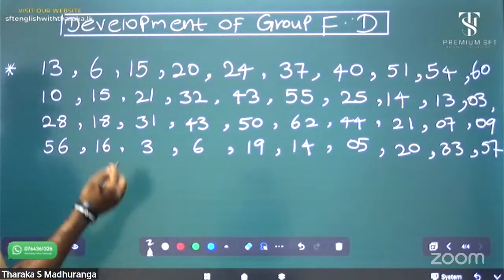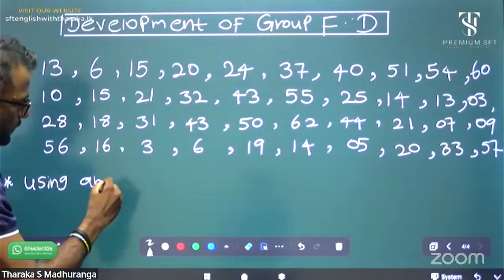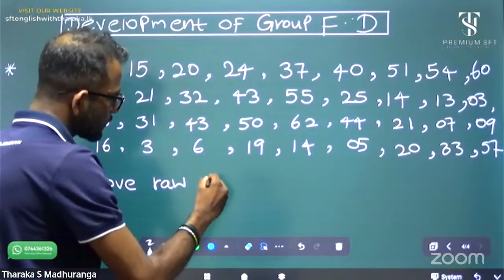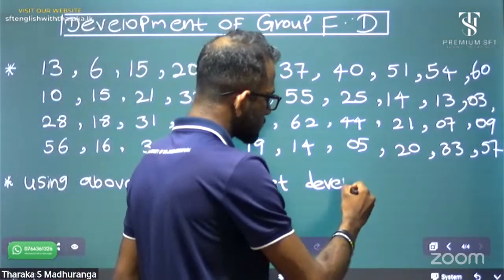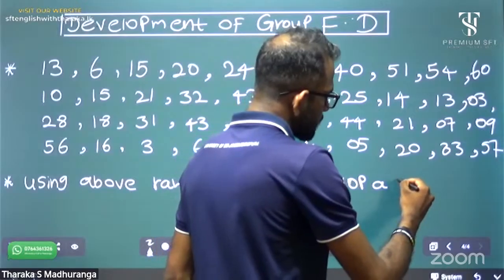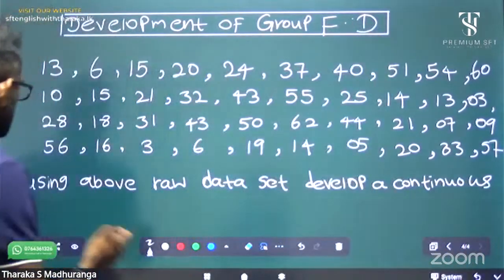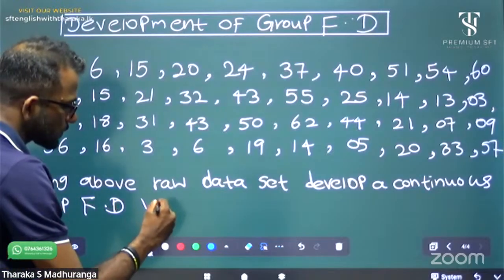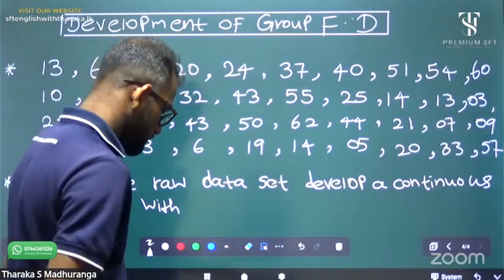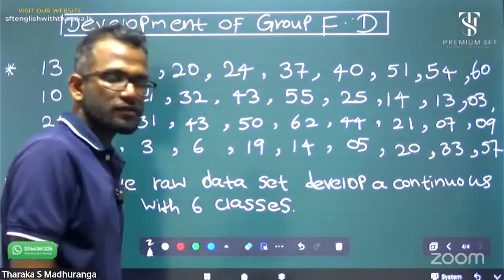Okay, write down: using the above raw data set, develop a continuous group frequency distribution, FD means frequency distribution, with 6 classes. This is the question.